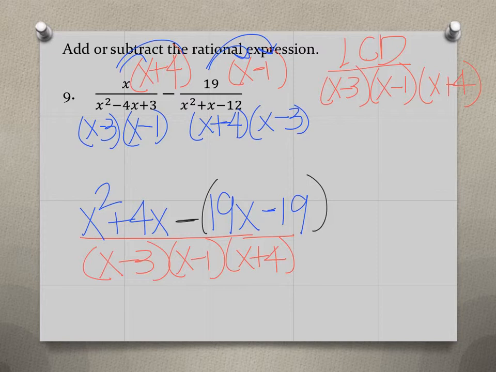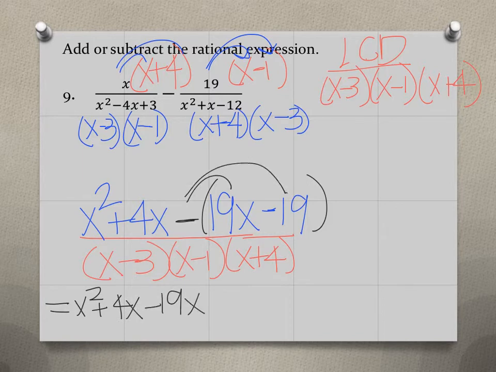So now we're going to have x squared plus 4x, distribute the negative, minus 19x, distribute again, plus 19, all divided by that common denominator.